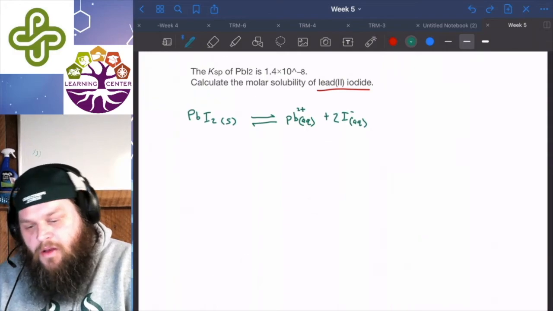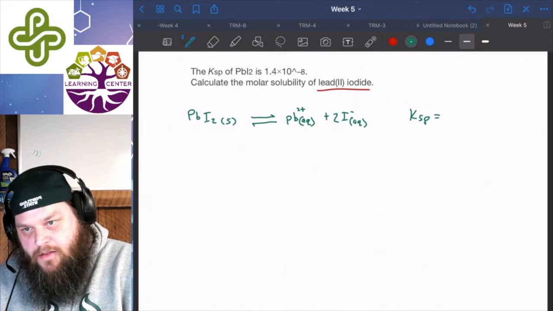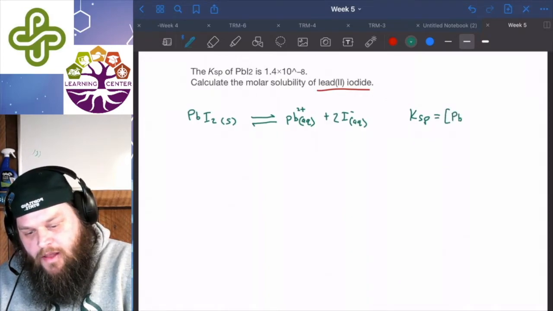So we know also that our KSP is going to be equal then to the concentration of lead 2+ times the concentration of iodide minus squared.